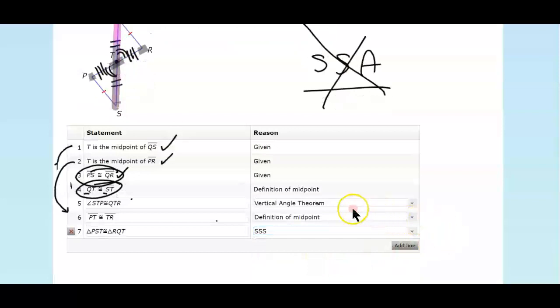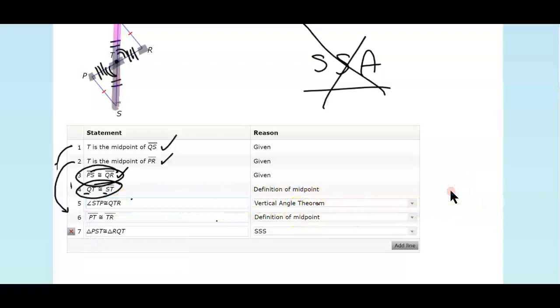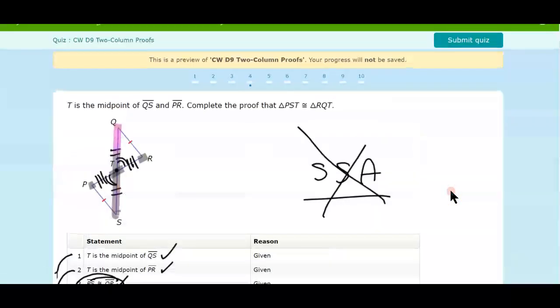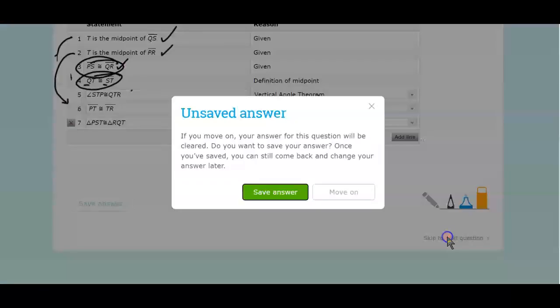All right. It should, I believe, mark you correct whether you leave vertical angle theorem in there or not. It's not a problem. And that's it. So, going to mark skip to next question.